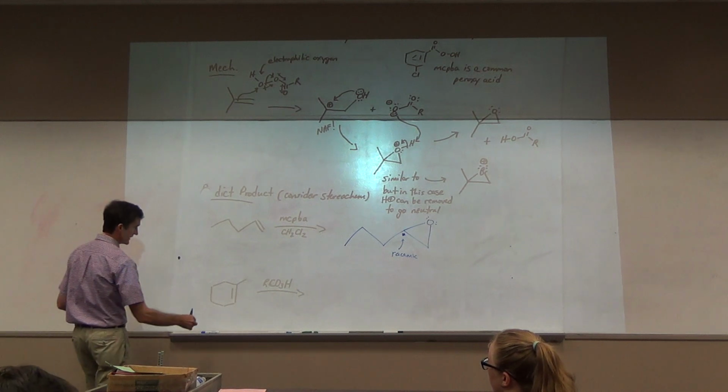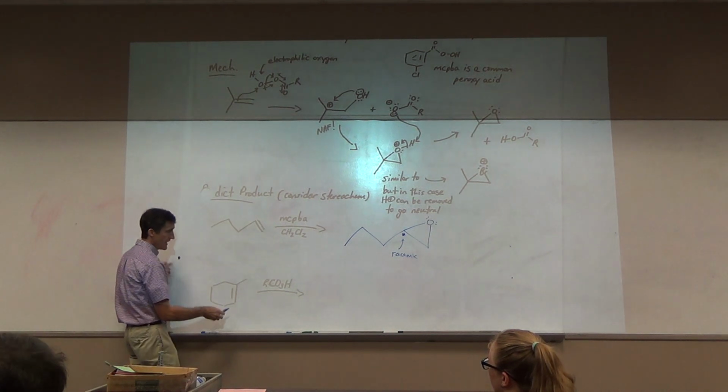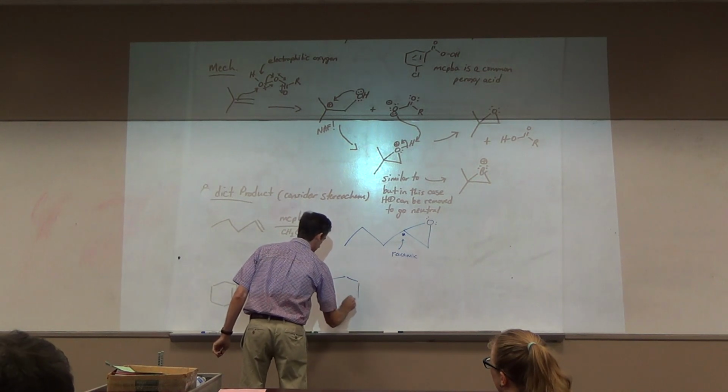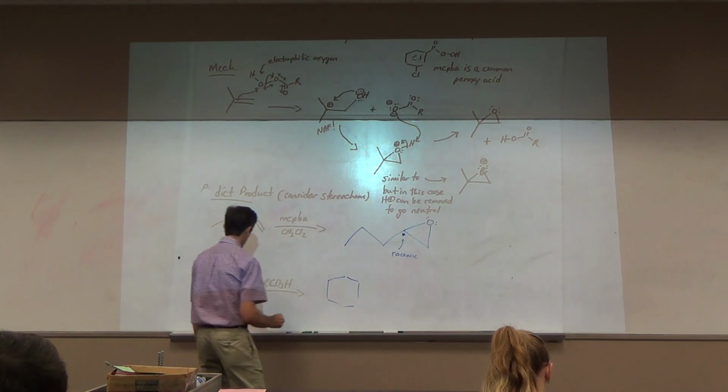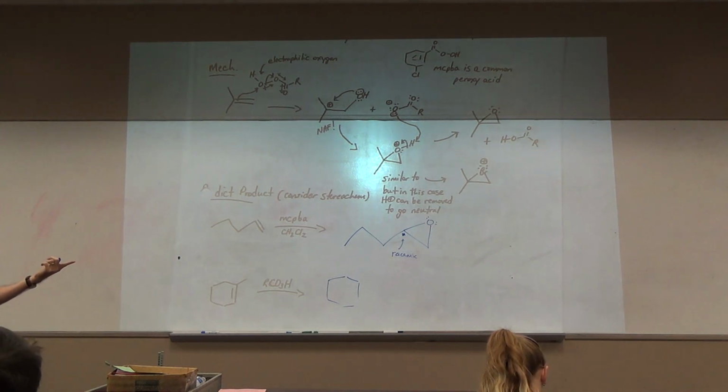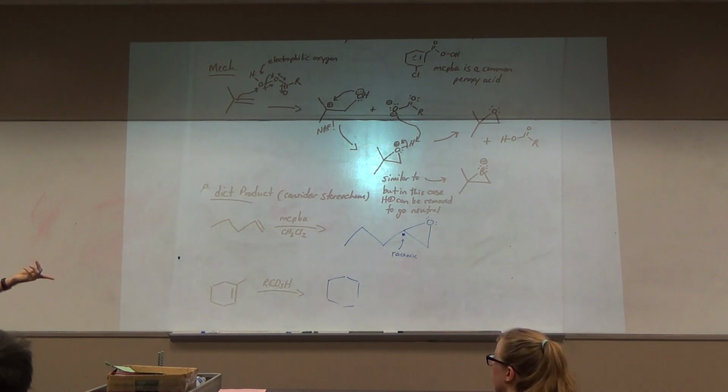Okay, down here we have a ring. Again, if we do not consider stereochemistry, many of these reactions are very straightforward. This week in lab, you're going to put a bromine on each carbon of the alkene. By the way, this is on the green handout. Is this A or B? I think there were two headings.